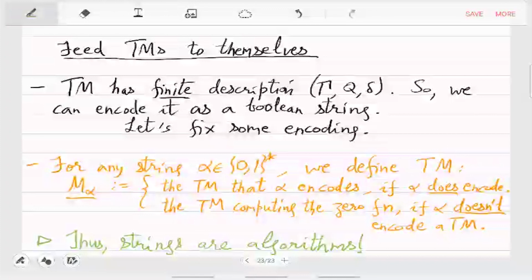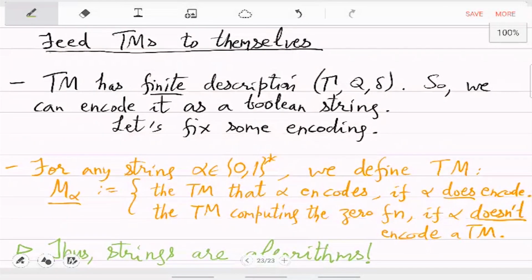You can think of strings as algorithms, algorithms as strings. If you think about it, when you write a C program, it is already a string, right? It's a string in your English language, for example. So just that idea, but abstracting it mathematically will be very helpful.